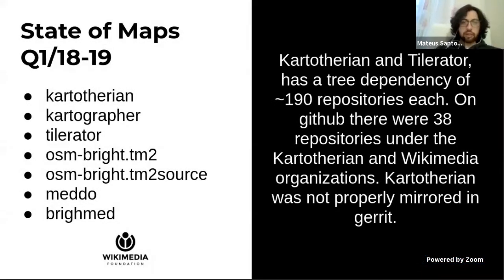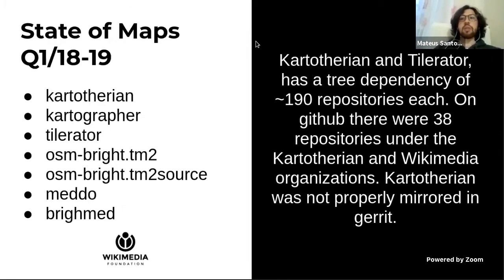Kartotherian and Tilerator have a really large dependency tree. It's a lot of components. Most of them are Mapbox components that are open source and you can use them. But Kartotherian and Tilerator use a lot of software to keep running. And at that point, we didn't have Kartotherian or Tilerator in Gerrit.